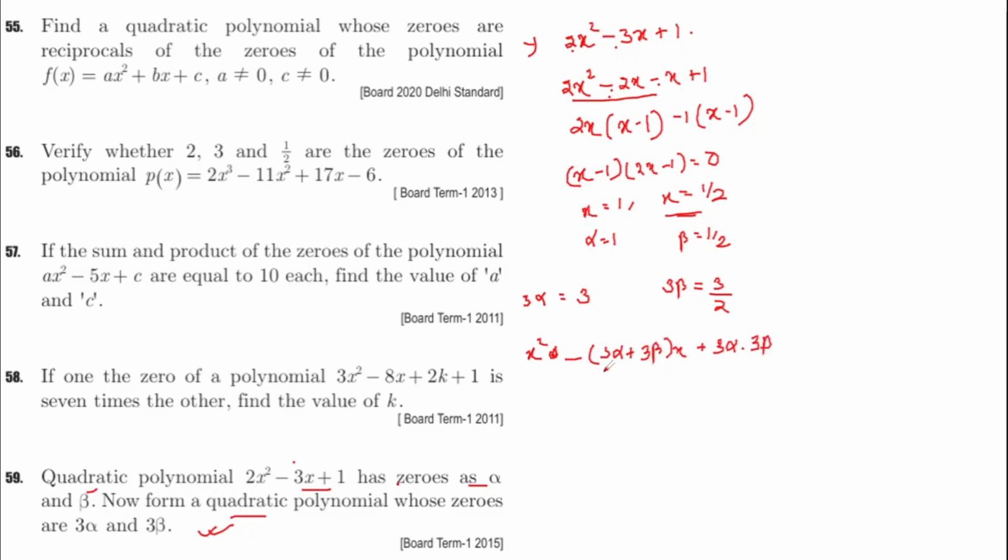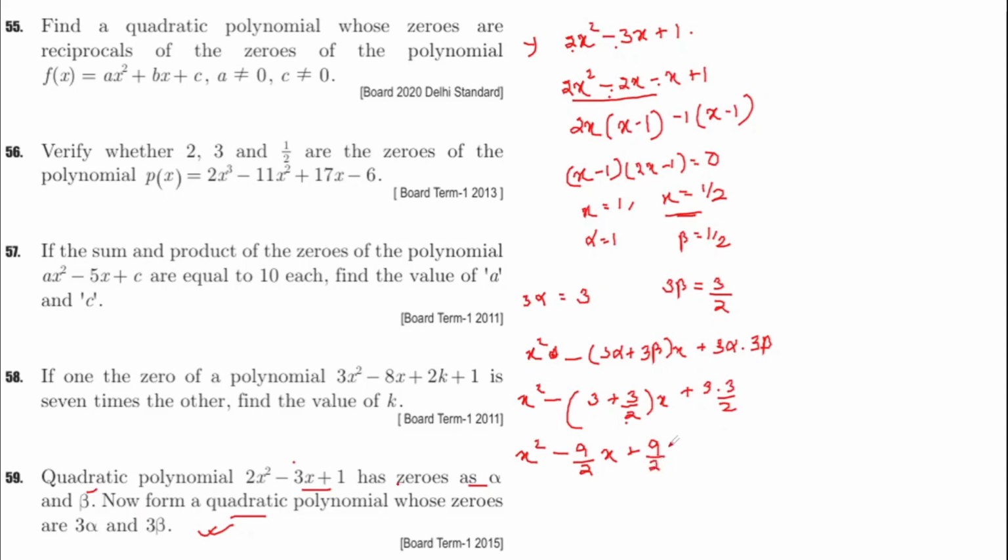Now if you put the value of 3 alpha and 3 beta, you can see that x square minus, in place of 3 alpha 3, in place of 3 beta 3 by 2 x, and plus 3 into 3 by 2. Now if you solve this thing, then you will have 3 times 2 is 6, 6 plus 3 is 9, 9 by 2 x, and from this thing again 3 into 3 is 9 and by 2.